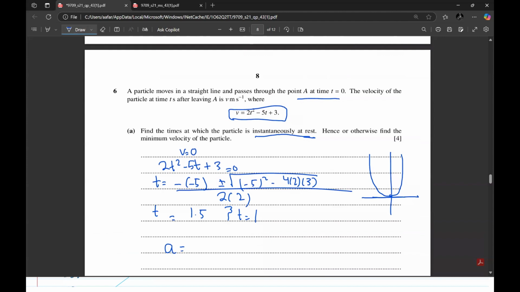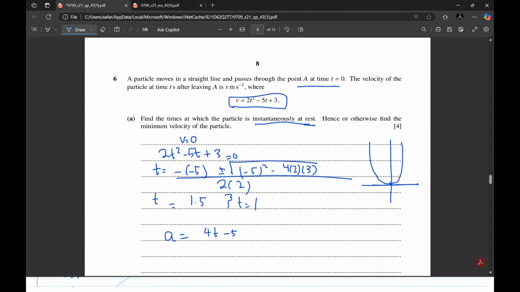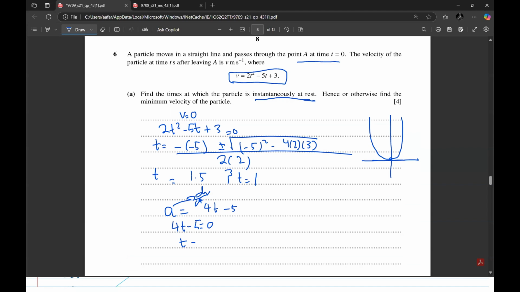So if we find the acceleration, 4t minus 5, which is dv/dt, then you put 4t minus 5 equals 0, we get t is equal to 5 over 4 or 1.25 seconds.